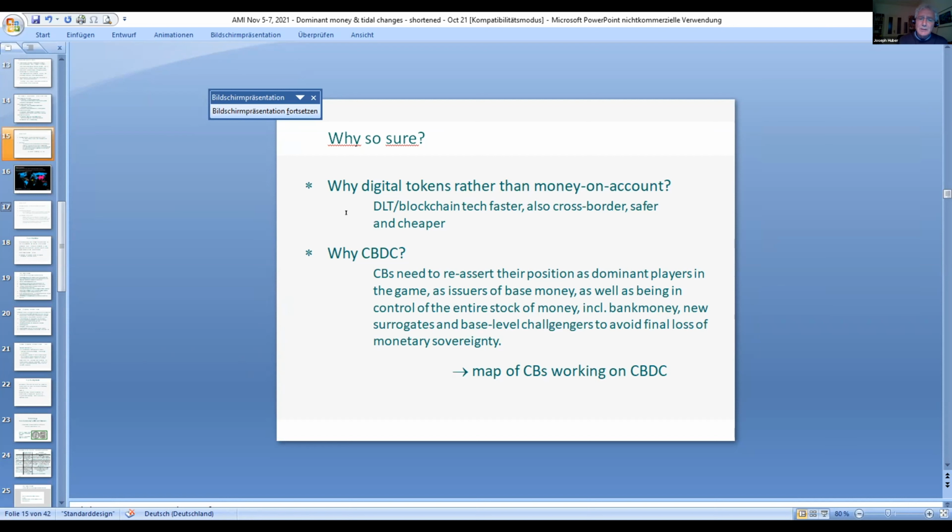So then the question, why would we assume that central bank digital currency will be on the rise? And the answer is that the central banks need to reassert their position as the dominant players in the entire game, as the issuers of base money, and as being in control of the entire stock of money.